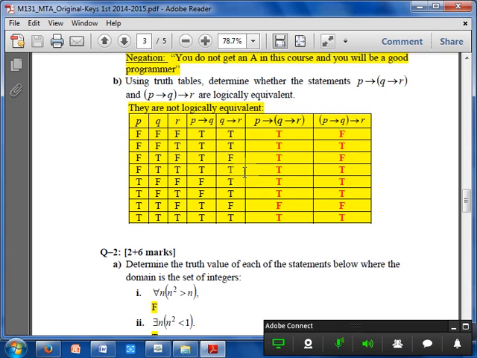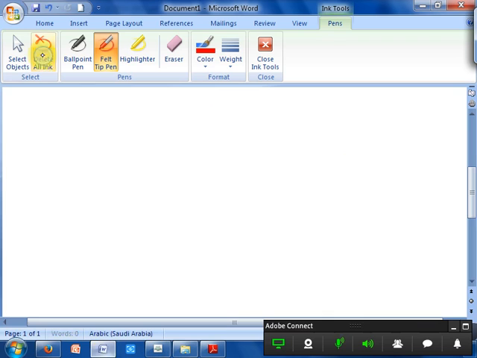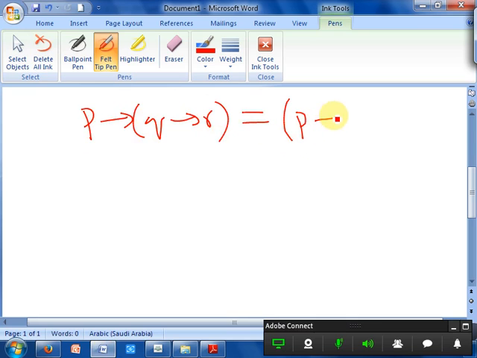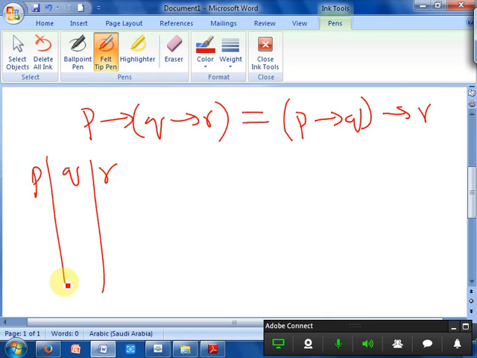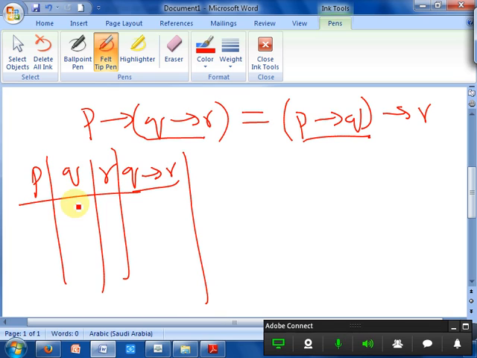So now if you remember that, then how to solve it is P then Q then R, compared with P then Q then R with different bracketing. First you write P, Q, R, then you write what is in the brackets. So you take Q then R first here. You take Q and R and write the result.